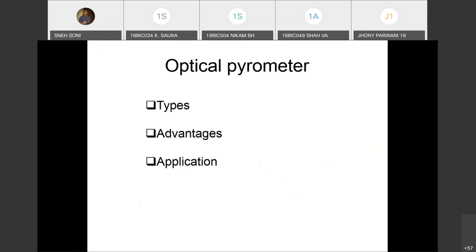Okay, here see, as I told you, in the manual type of optical pyrometer there are possibilities of human error, right? And another possibility is that use of the human eye restricts accuracy, because the eye responds to both color and brightness rather than directly to energy.